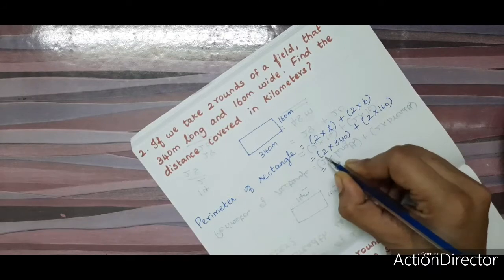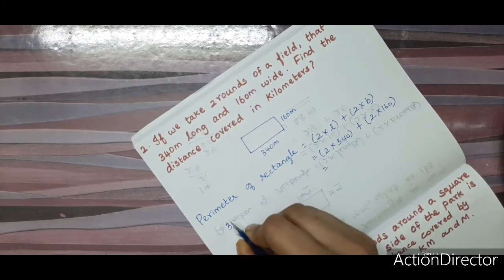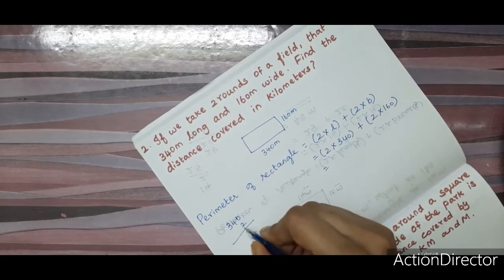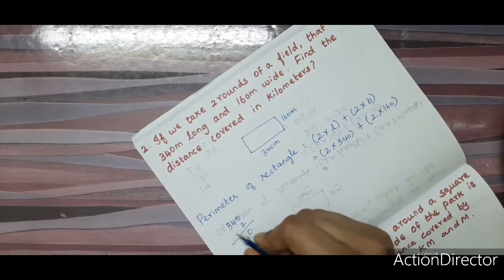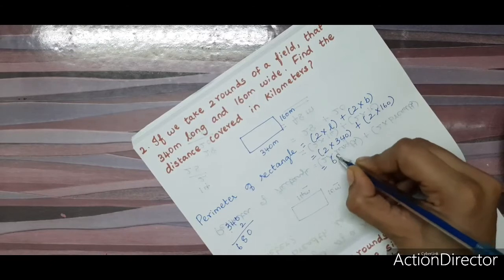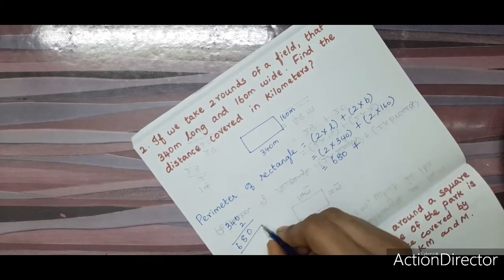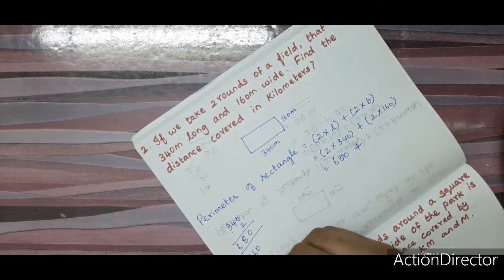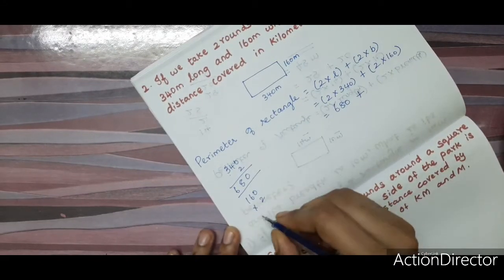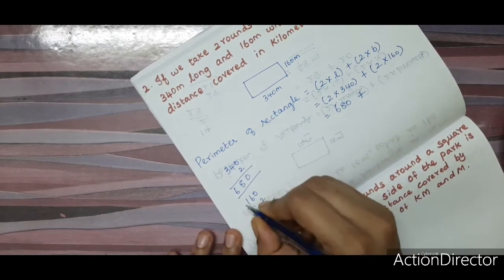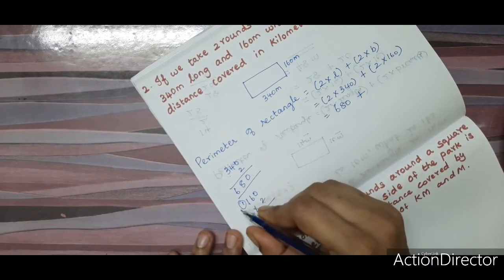First, 2 into 340. 340 into 2: 2 zeros are 0, 2 4s are 8, 2 3s are 6. So this is 680. Then plus 2 into 160. 160 into 2: 2 zeros are 0, 2 6s are 12, 1 carry, 2 1s are 2, 3.